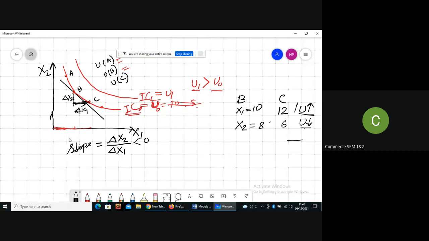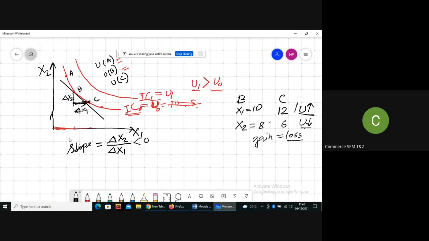That is why point B and point C are on the same indifference curve. Understood? Yes, sir. So balancing here, the gain in utility is equal to the loss in utility. That is why point B and point C are on the same level of utility or the same indifference curve.